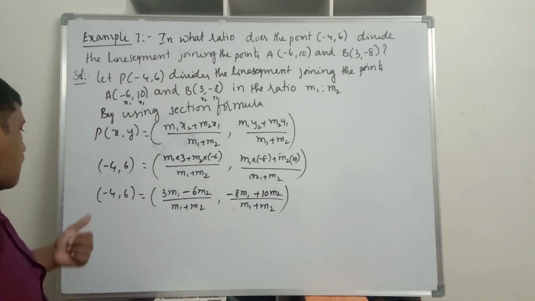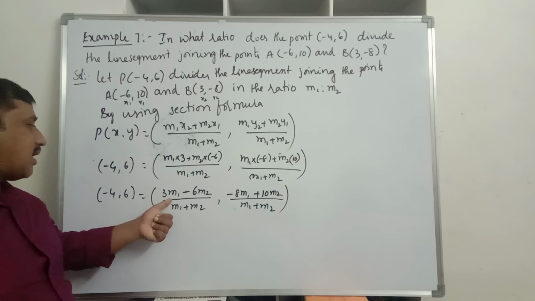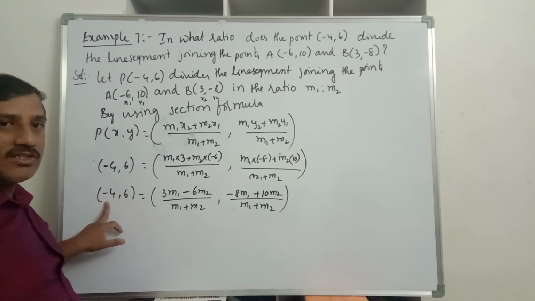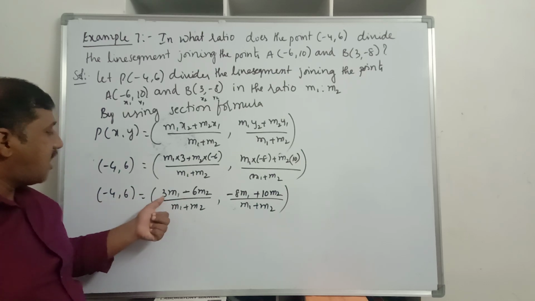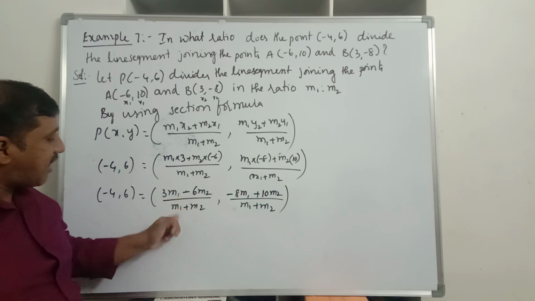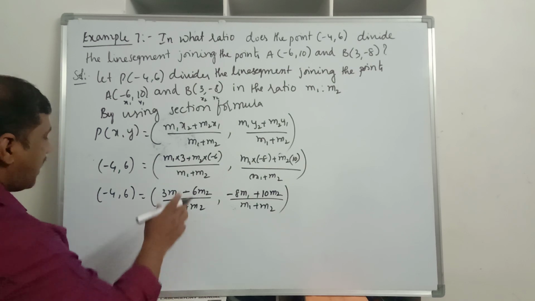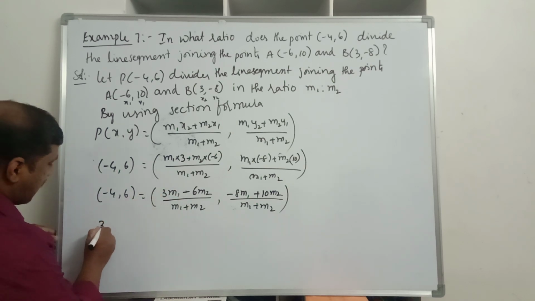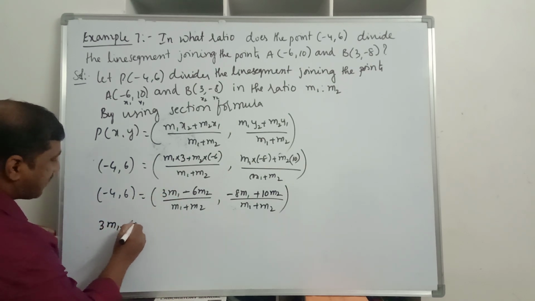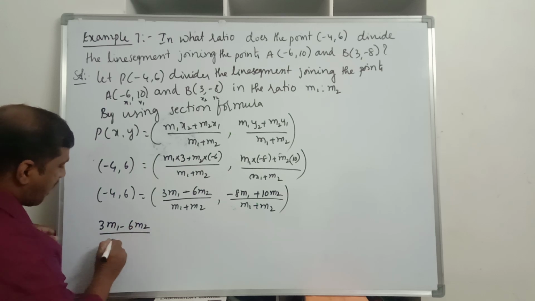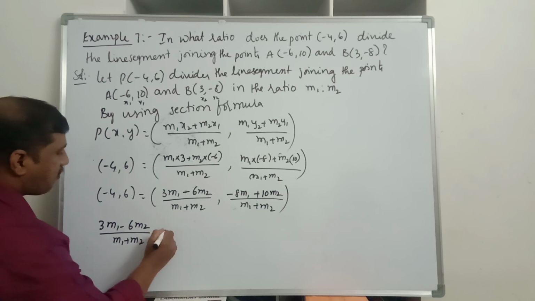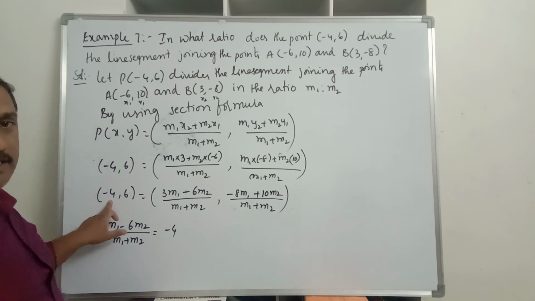Now from here, -4 is the x coordinate, and here the x coordinate is (3m1 minus 6m2) divided by (m1 plus m2). Similarly, the y coordinates are equal. Therefore, (3m1 minus 6m2) divided by (m1 plus m2) is equal to -4. The x coordinate is -4.